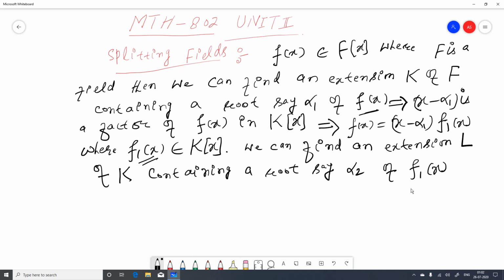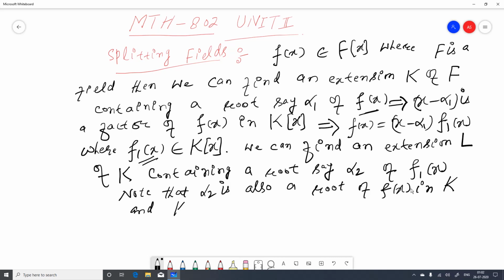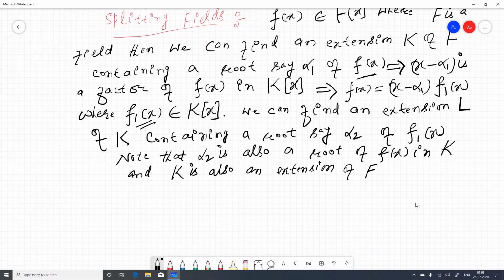Note that alpha 2 is also a root of f(x) in L, and L is also an extension of F, because any extension of K is also an extension of F.